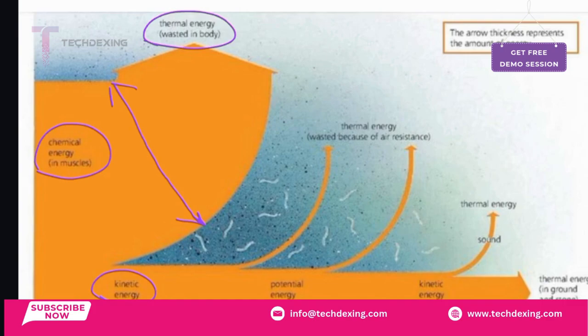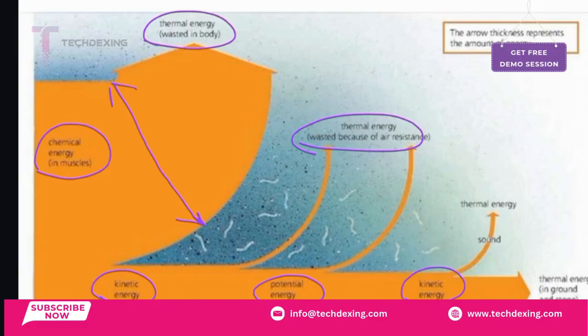In the same way, if we move forward in the diagram, whenever the stone is moving up in the air, the stone is gaining gravitational potential energy. So the kinetic energy is being converted into potential energy, but at the same time some of the energy is lost as thermal energy.